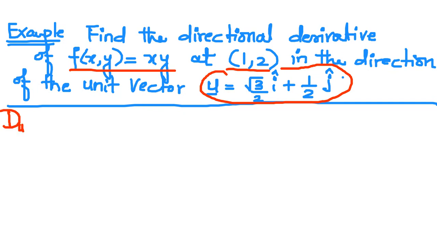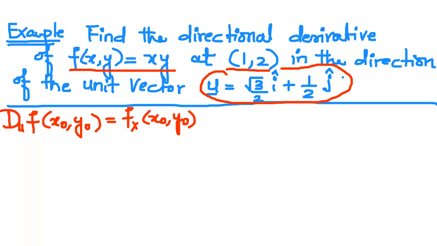Then Du of the function at point x naught, y naught is equal to the partial derivative of the function with respect to x at point x naught, y naught multiplied by u1, plus the partial derivative of the function with respect to y at x naught, y naught multiplied by u2.